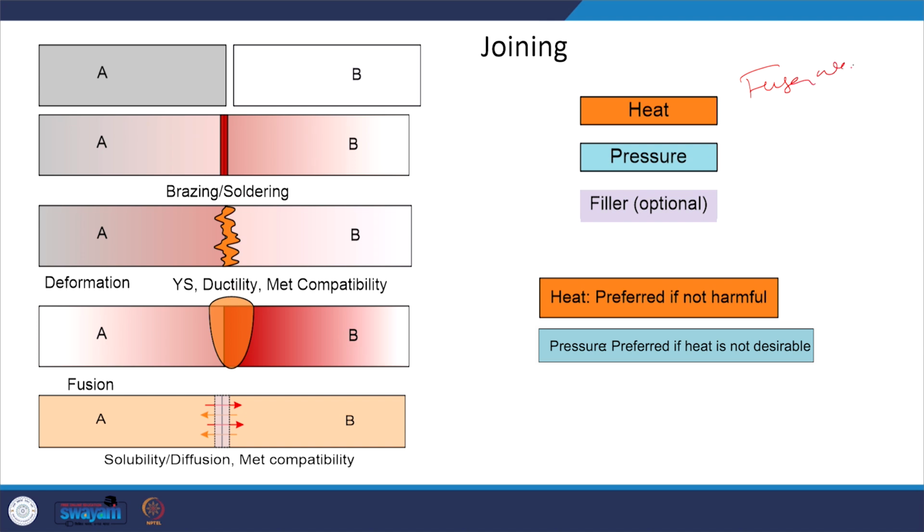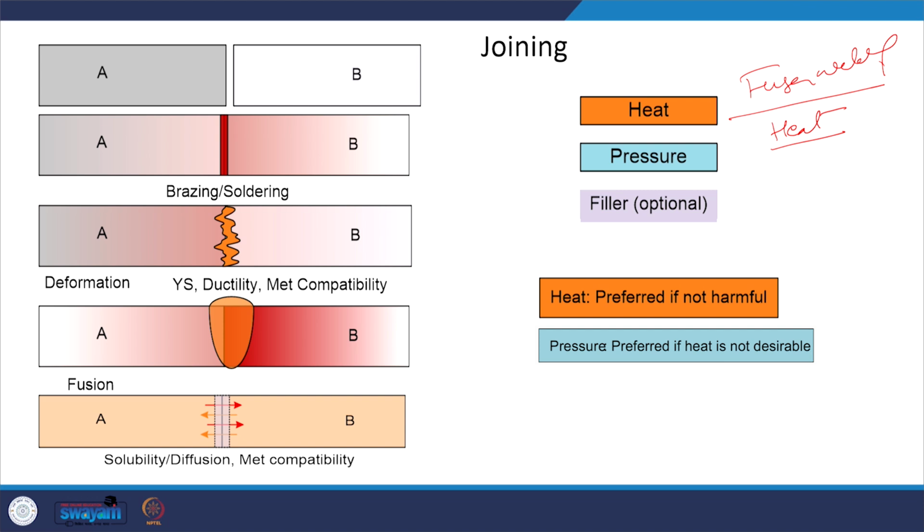Okay. So, we will be primarily focusing on fusion welding, which requires a huge amount of heat. Even then, we try to develop the joint with the minimum possible heat, so that the adverse effect of heat application on the joint characteristics is minimized.